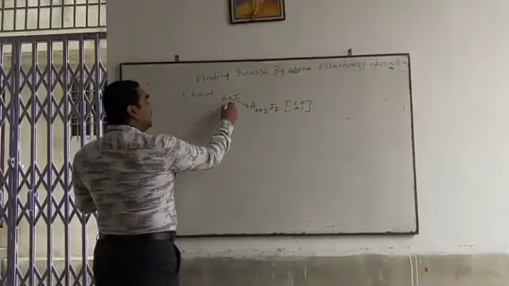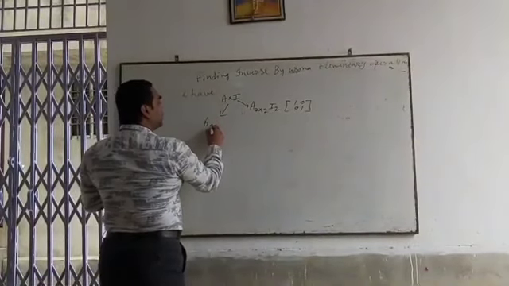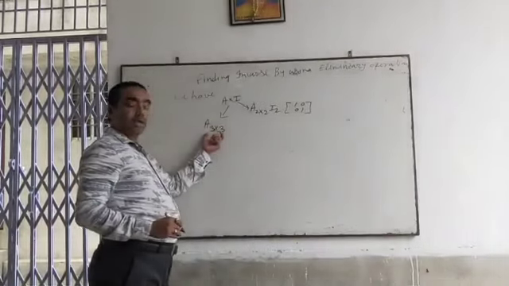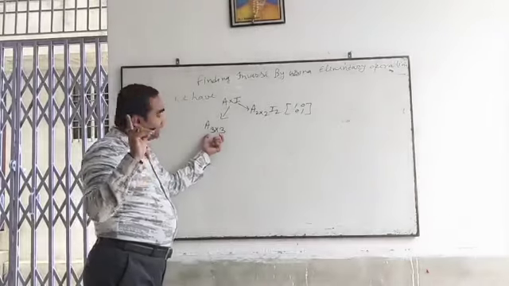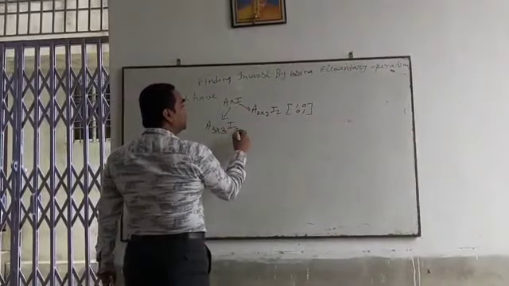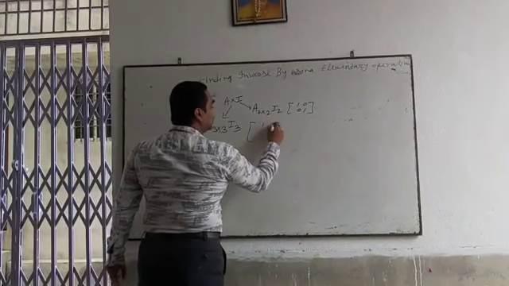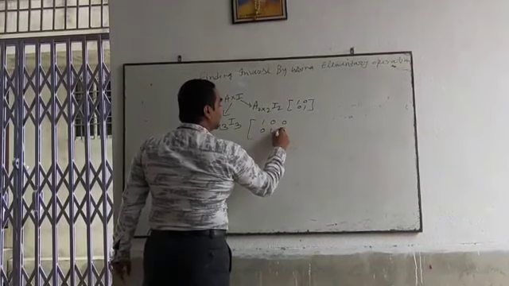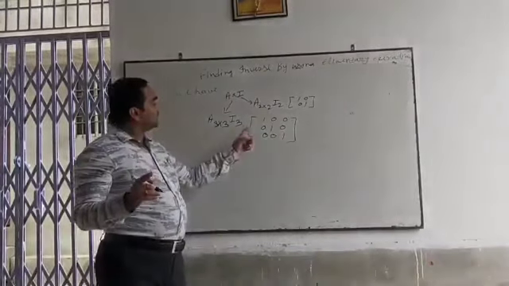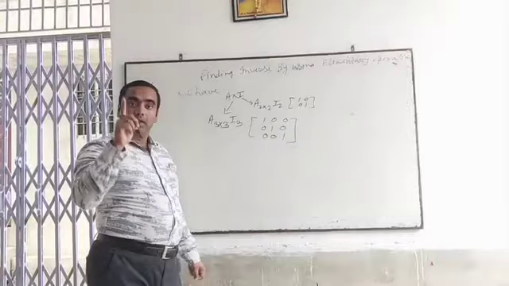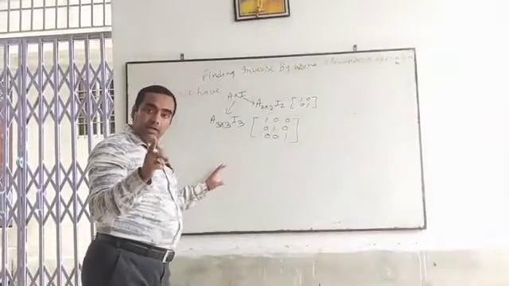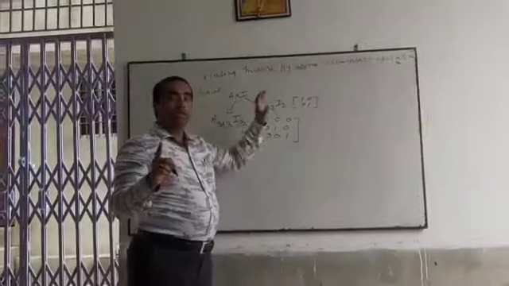If your A is 3 by 3, means a third order square matrix, then in that case your I should be I3, that is 1 0 0, 0 1 0, 0 0 1. And as you are knowing, the identity matrix represents 1 in the case of matrices.